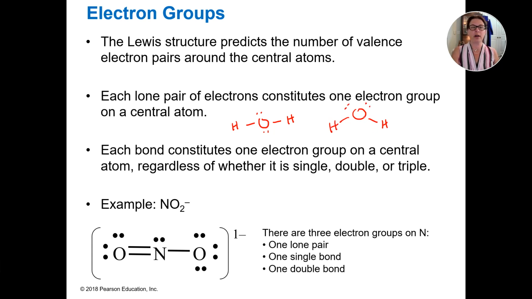Now, electron pair geometry would take into account the lone pairs and the attachments, making this tetrahedral. But molecular shape says, we're just going to call it bent, because it clearly has this kind of shape. It's bent, okay?